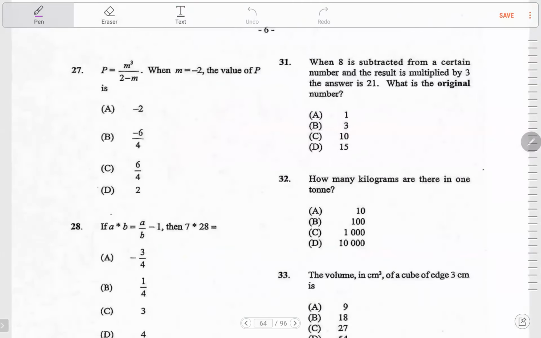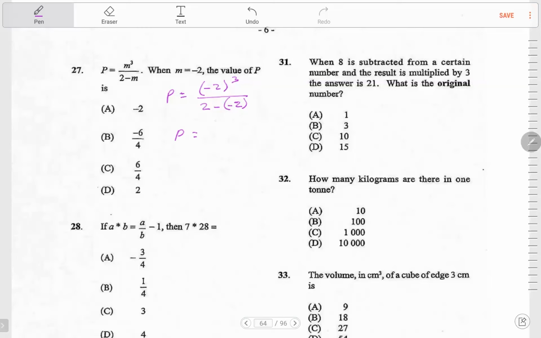It says P equals M cubed divided by 2 minus M. M is negative 2. What's the value of P? You have to be careful, it's negative right here. All right. M is negative 2. So we're careful. So therefore, P equals negative 2 cubed divided by 2 minus negative 2. That's it. All right. So the P equals, now negative 2 cubed is negative 2 times negative 2 times negative 2.